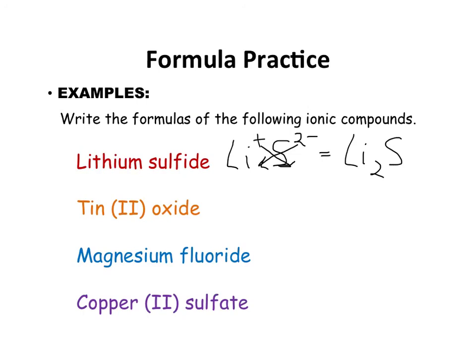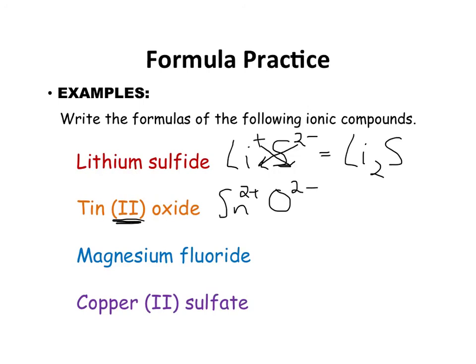Tin(II) oxide. So let's write our symbols. Tin is Sn. Oxide is oxygen. Charges. Now, tin acts like a multi-charged metal, so his charge is given in parentheses in the name. So he's a 2 plus charge. If you look him up on the periodic table, you're not going to know his charge. His charge is given in the name. Oxygen on the periodic table has a 2 minus charge.